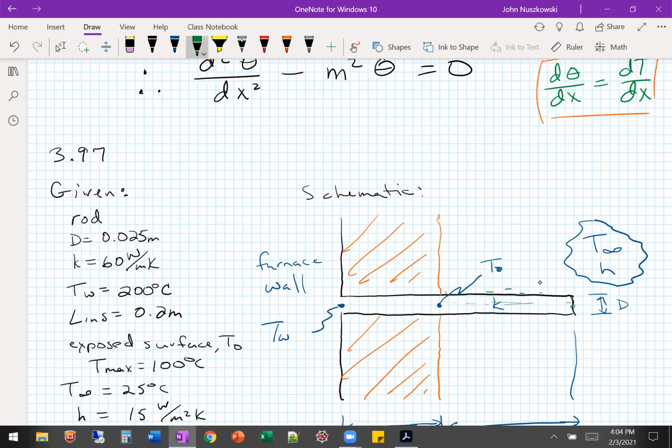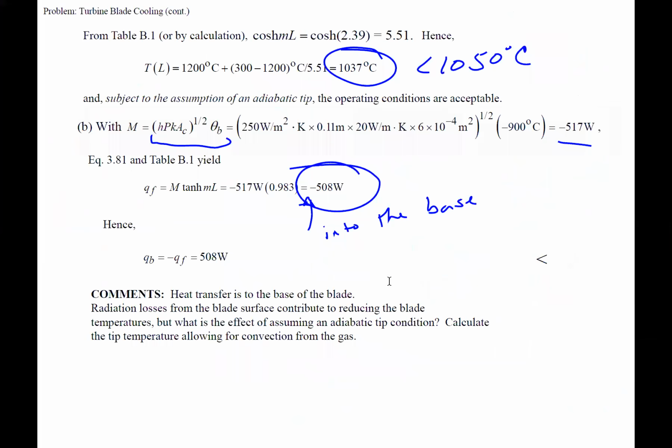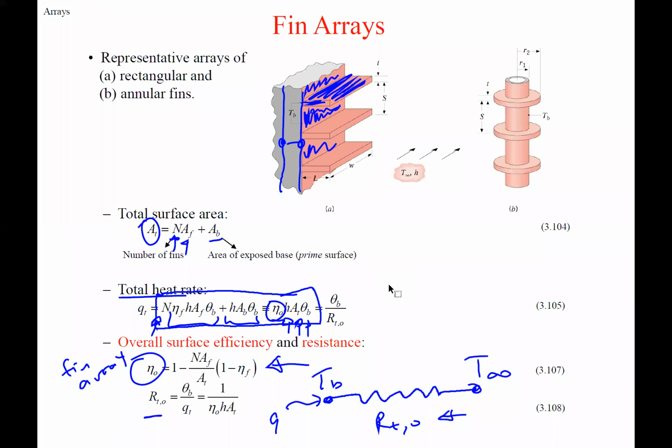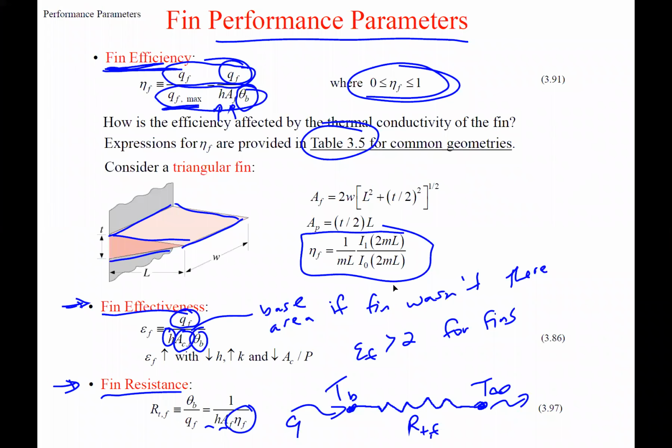All along the surface, as the heat is conducting, there's convection going on. So it's a combined conduction-convection. We have to look at it how we did in the slides when we were talking about a single fin. We have just one resistor from the temperature of the base to T infinity.